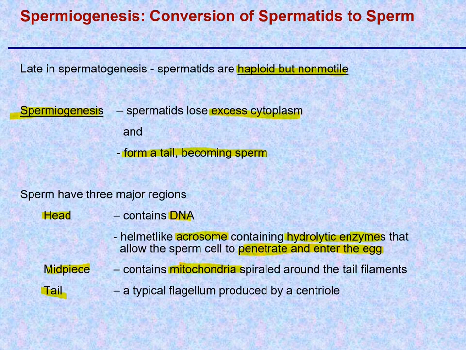I think that's the fallopian tubes or uterine tubes. The older name is the fallopian tubes. So they have quite a ways to travel up from the vagina into the uterus and up into the uterine tubes. The tail, of course, is a typical flagella structure.